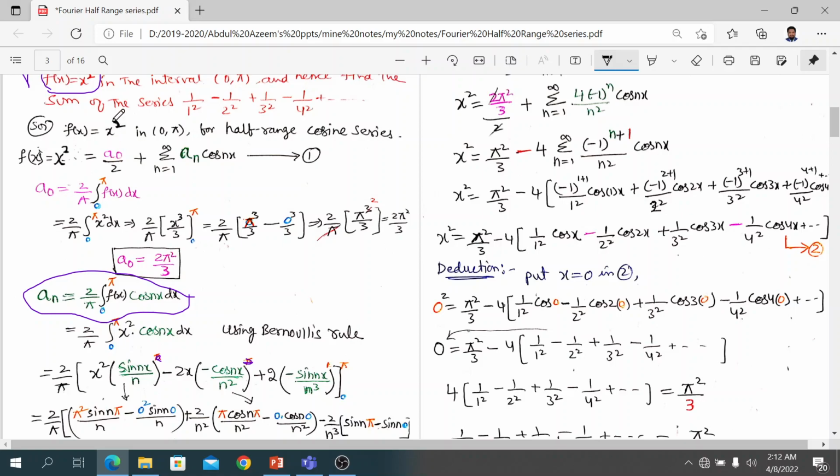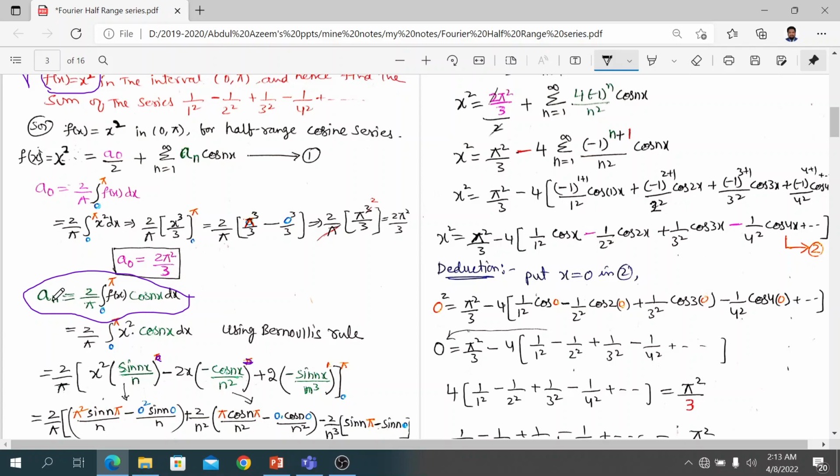What is f of x? x square dx. Integration of x square is x power of 3 by 3. Now upper limit: 2 by pi outside as it is, pi cube by 3 minus 0 cube by 3. So 2 by pi outside as it is, pi cube by 3. This pi and pi cancel, 2 pi square by 3. The a naught value is 2 pi square by 3.